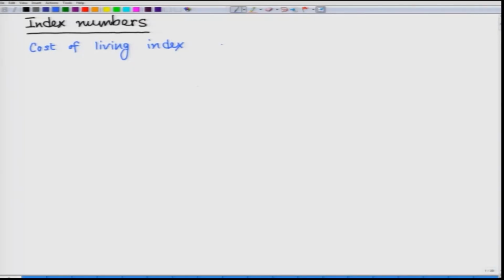Now, this cost of living index, as I told earlier also, has several options, several formulas available, but the most popular ones in the literature are the Laspeyres cost of living index, CLI, and the Paasche cost of living index.